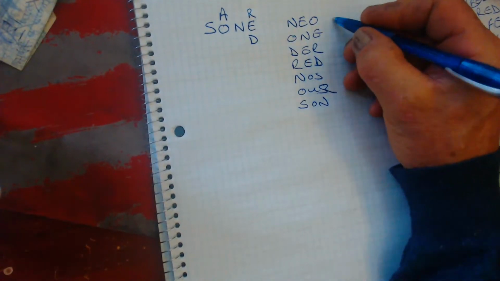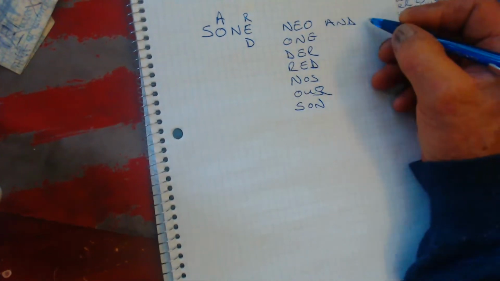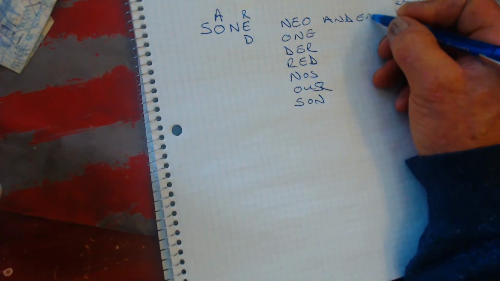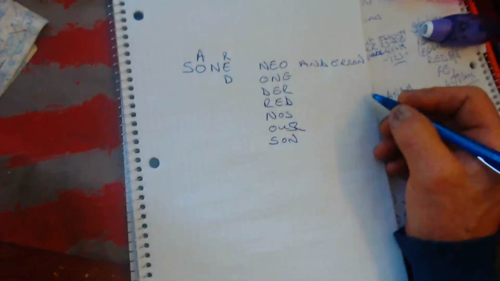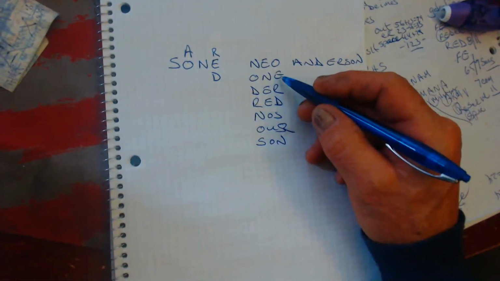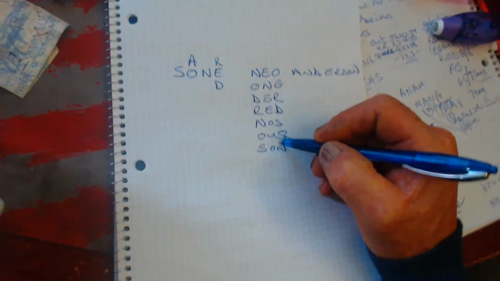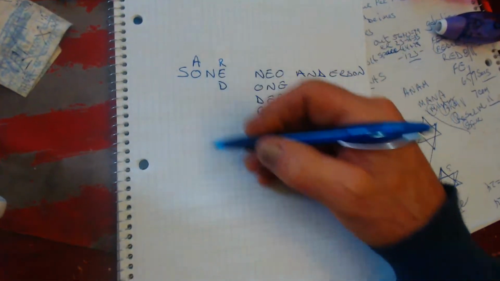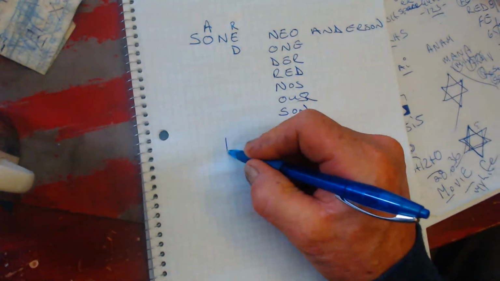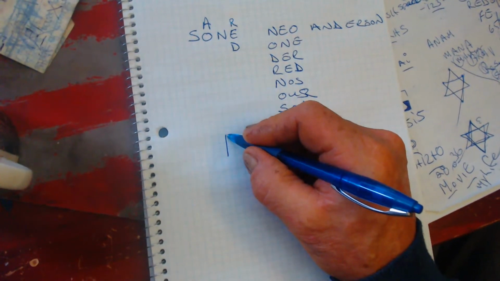We have Neo Anderson from the Matrix. 1 red is our sun. 1 red sun. Neo Anderson from the Matrix. And this word Matrix, I'm not sure if I can do it.